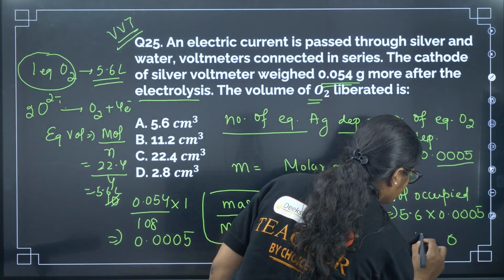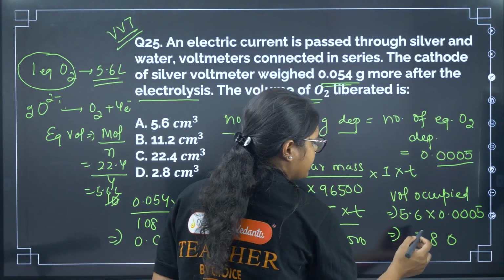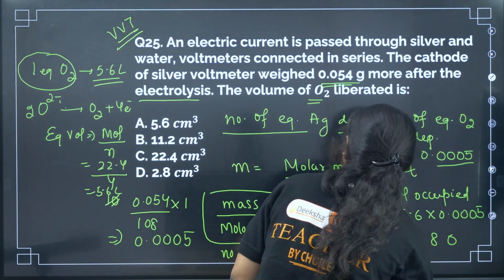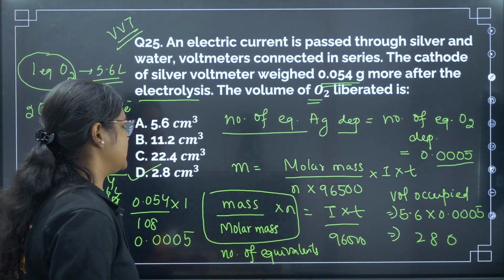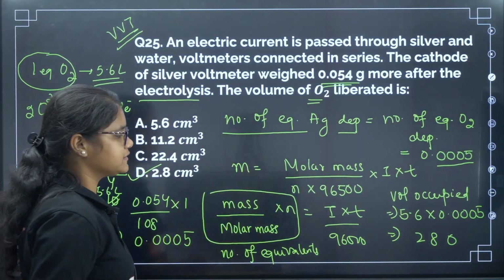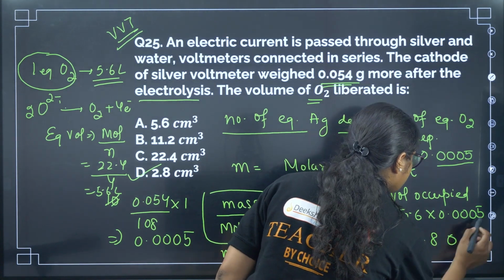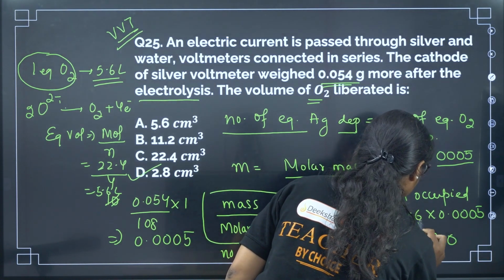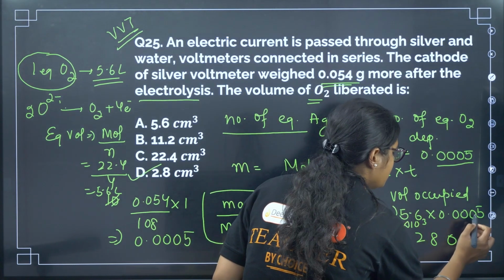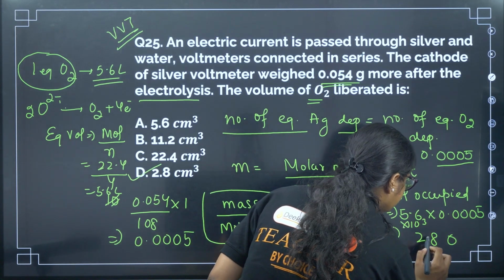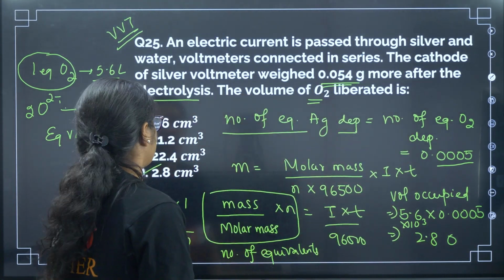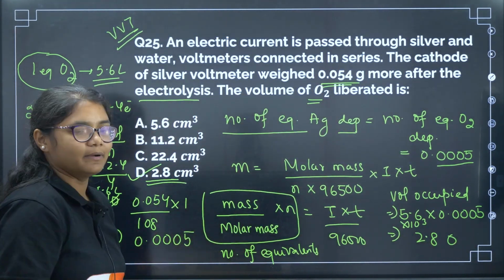So 280 we are getting, then we have this many decimal places, so we will be getting around 2.8 centimeter cube. Just multiply it. So this is liter, so we can multiply by 10 to the power of 3 for milliliter, right? So that is your 5.6 into 5, so we'll get 2.8. Okay, so the correct answer for this question is option number D.